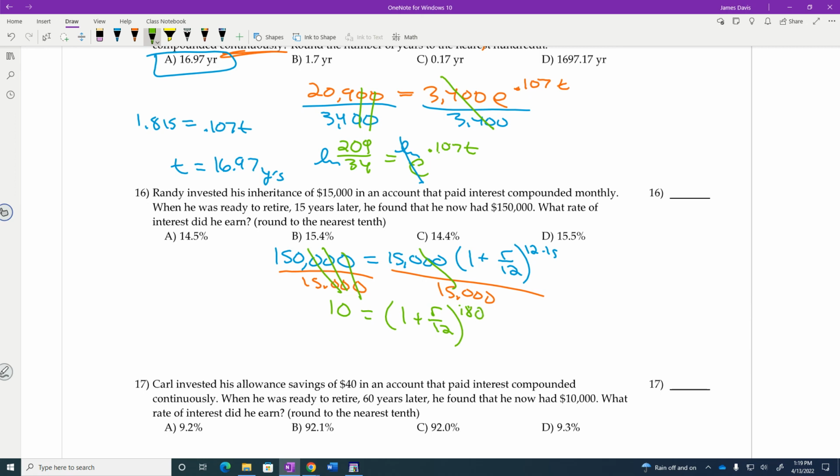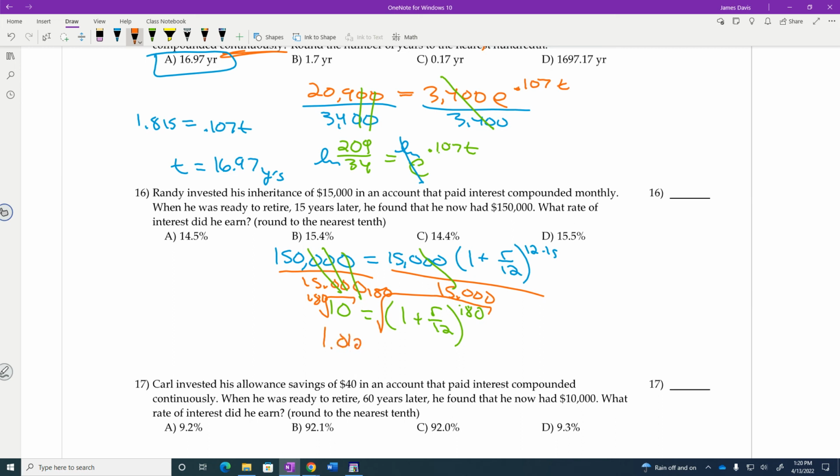This one does not have a variable in the exponent, which means we'll do the root for this one. So we want to do the 180th root. So the 180th root of 10.